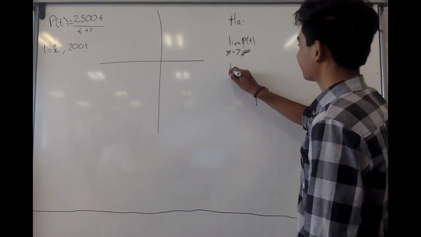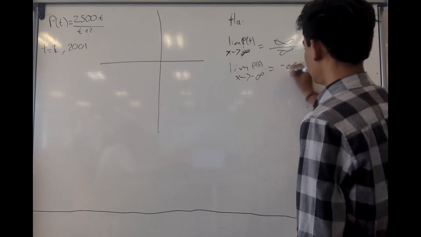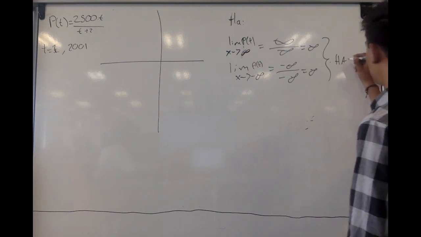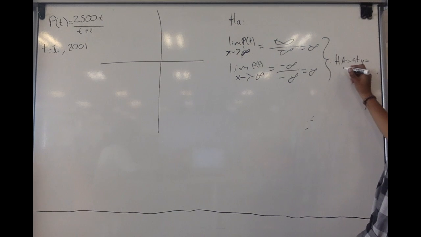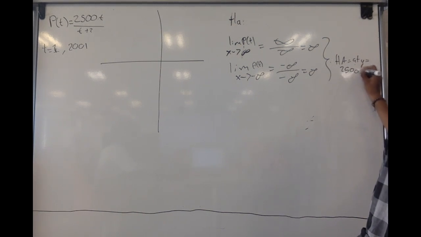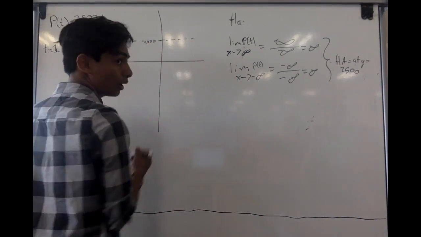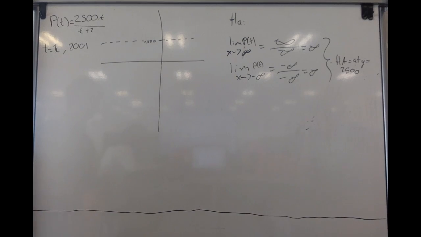So we get the limit. So we have a horizontal asymptote at y equals 2,500. And the vertical asymptote, as you know, comes from the restriction of the domain.